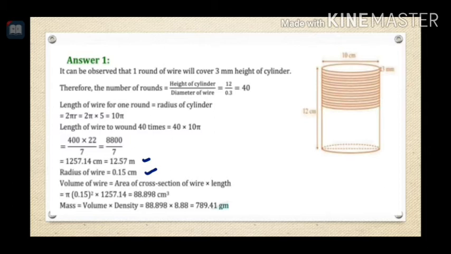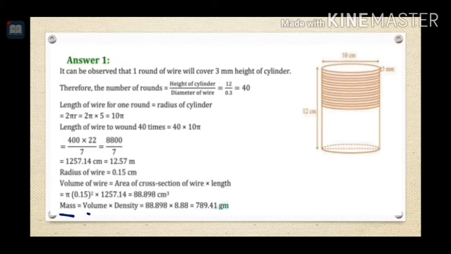So from this length and the radius, you can easily find the volume of the wire, because I told you the wire is in the shape of a cylinder. By using the pi r square h formula, the volume of the wire will become 88.898 centimeter cube. Now you need to find the mass of the wire.